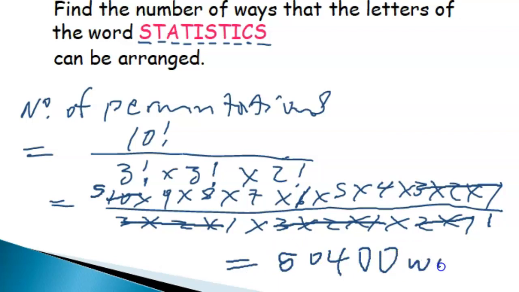So 50,400 ways of arranging the letters in the word statistics. Let's write the 5 better. 50,400.